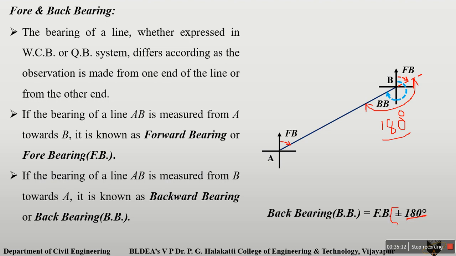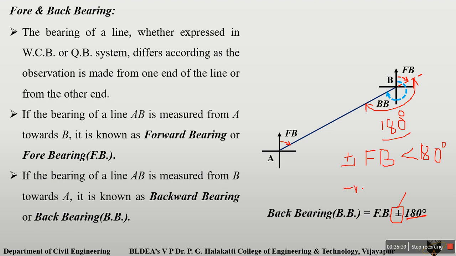But here you are mentioning the plus or minus sign convention. Use the plus sign if the forward bearing is lesser than 180 degree. If your forward bearing is lesser than 180 degree, you have to use the plus sign.